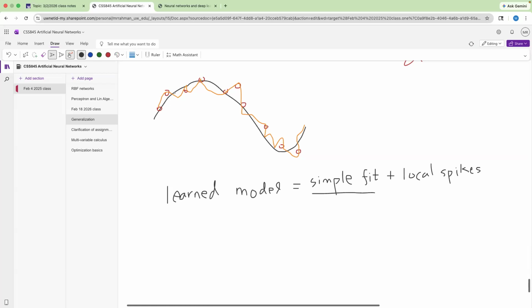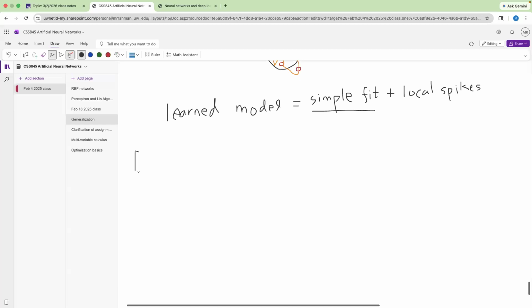You can think of this curve as an addition of two curves. One is a cubic component that matches the data generating process, and you have these local spikes near the noisy points, right? And this leads to the idea of what is called the double descent phenomenon that we see in these extremely large networks.